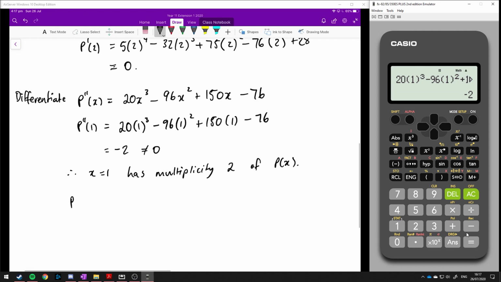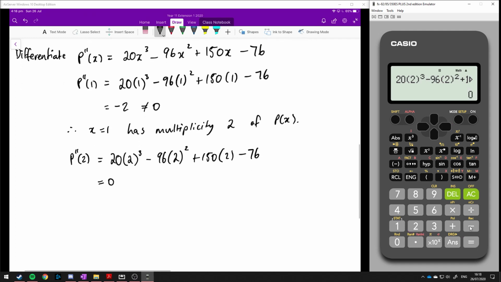So now let's try the other one, because we're hoping that we can find that third zero by substituting into the second derivative again. So 20 lots of 2 cubed minus 96 lots of 2 squared plus 150 lots of 2 minus 76. We're going to substitute this into our second derivative polynomial, and we hit equals, and that one gives us 0.